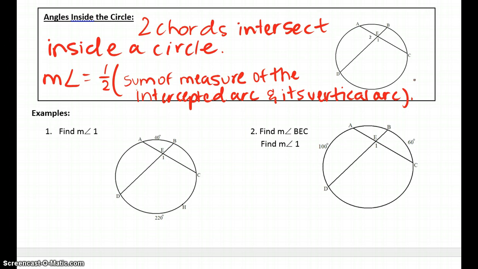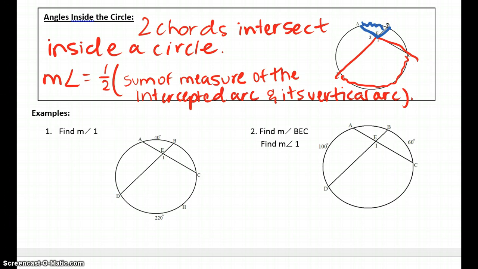Okay, so what that means, if you look here at the picture at angle 1, angle 1's arc is arc DC because angle 1 intercepts the circle right here at DC. Now, that's the one arc that you take into consideration. And the second one you look at is its vertical arc. So the vertical angle to angle 1 is this one here I'm highlighting in blue. So the vertical arc from arc DC would be arc AB.